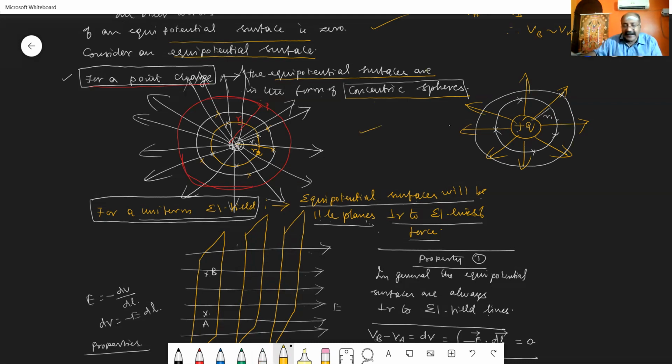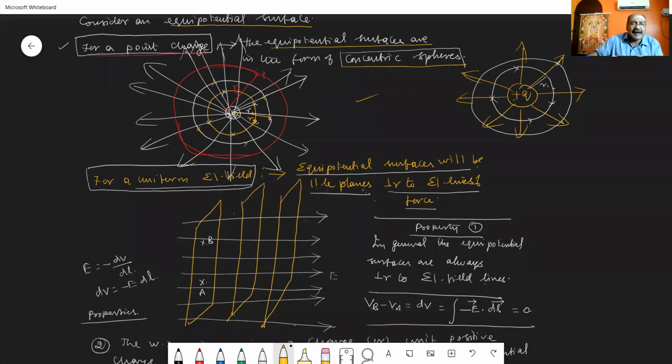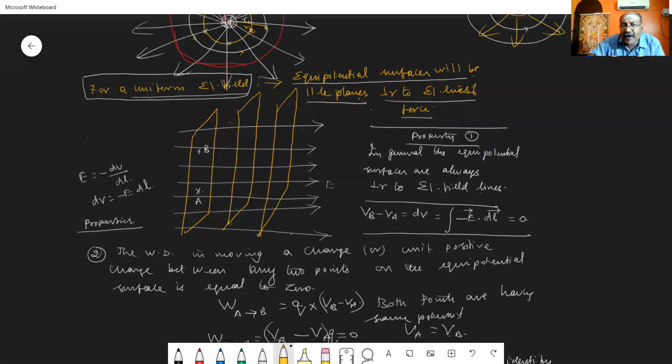Okay, then the next example: let us consider a uniform electric field. Usually, a uniform electric field is represented by drawing parallel lines. Let us consider that uniform electric field represented as E. In this, how will the equipotential surfaces be? The equipotential surfaces will be perpendicular to these electric lines.